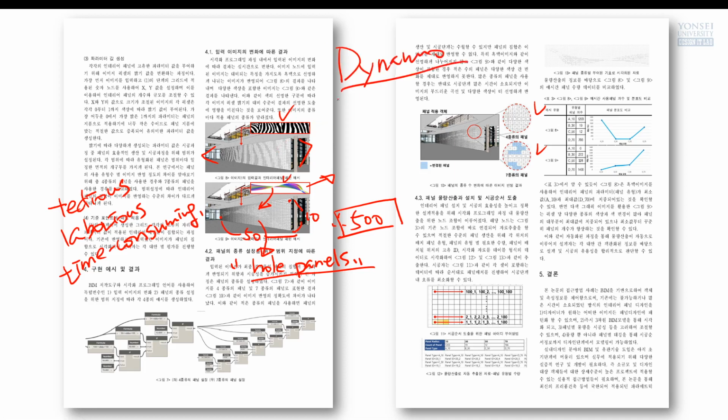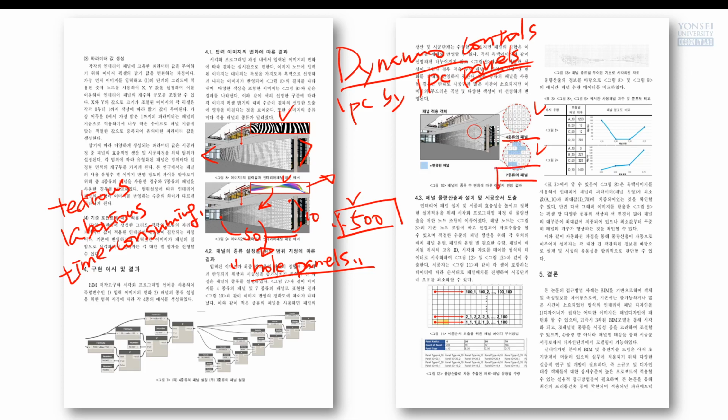Dynamo controls one piece by one piece of total 500 or even more panels. Controls entire panels like this way. So also Dynamo knows how many types, 4 types, 7 types, which means 7 different hole sizes, 4 different hole sizes.